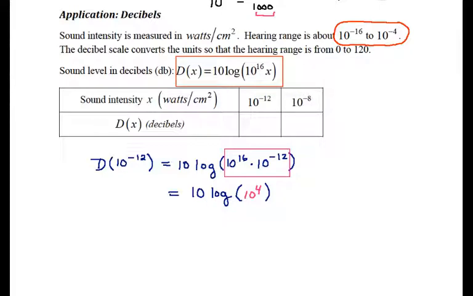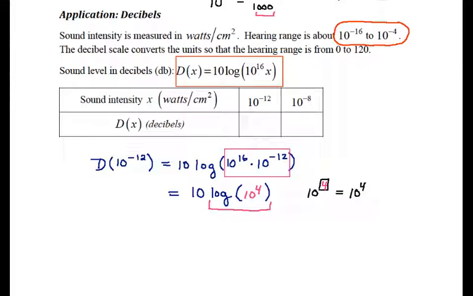So now the next step is to evaluate the log of 10 to the power 4. Well, remember that the way we do that is we say, 10 to what power is 10 to the 4? Well, this one is really quite obvious once we get used to evaluating logs, right?